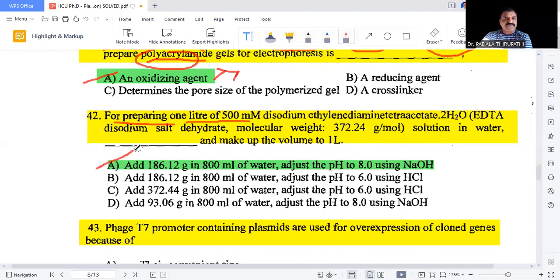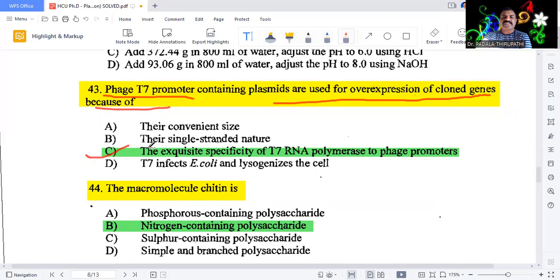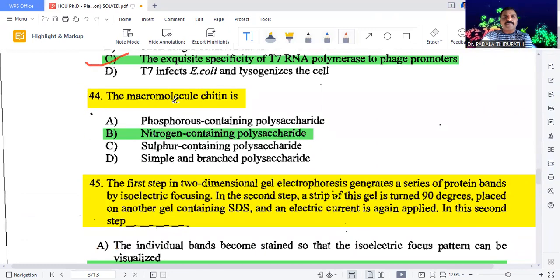That is the first option, the right answer. Then question 43: bacteriophage T7 promoter containing plasmids are used for overexpression of cloned genes because of the exclusive specificity of T7 RNA polymerase to the phage promoter. That is option C.